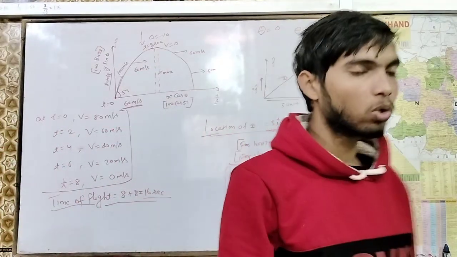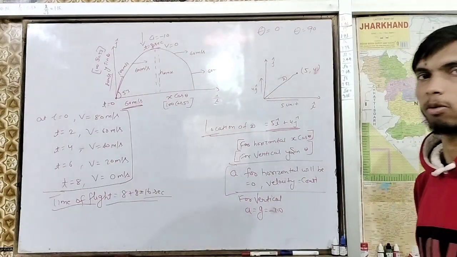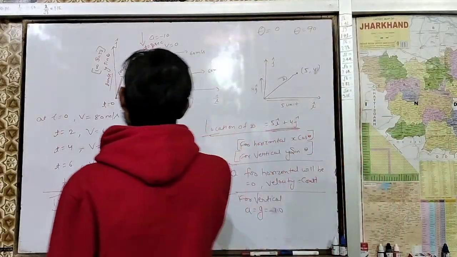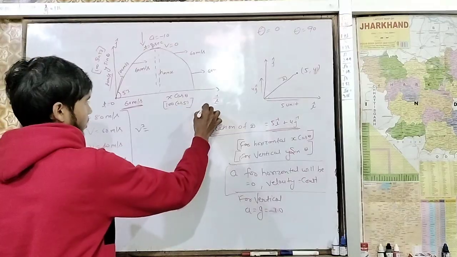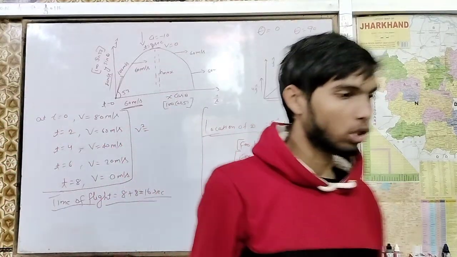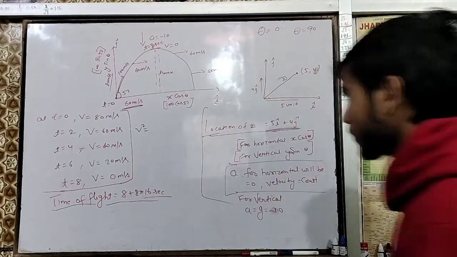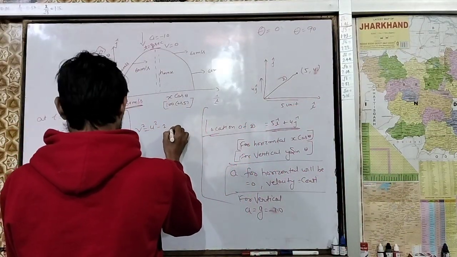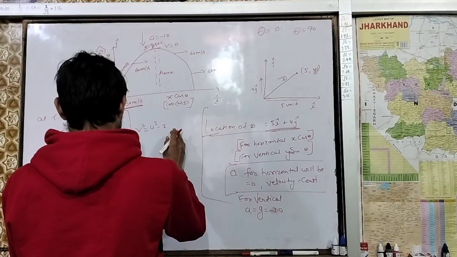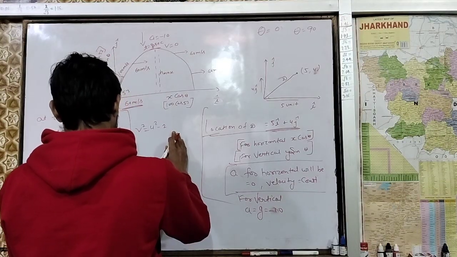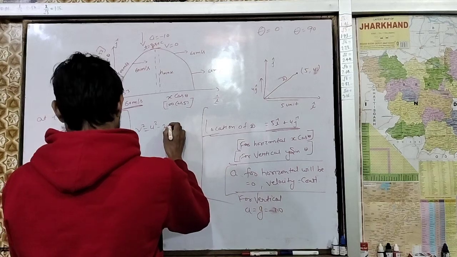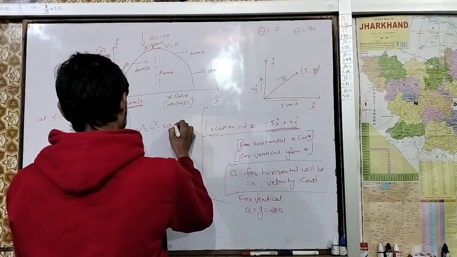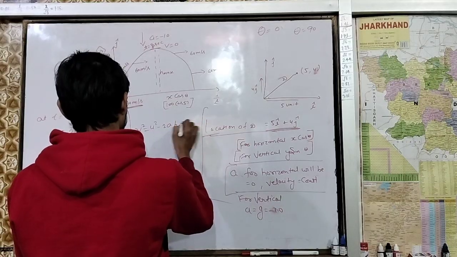For this, we can use the third equation of motion, which is v square equals u square minus 2a h maximum.